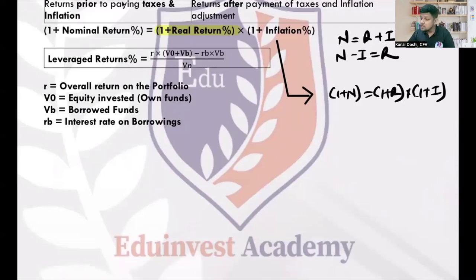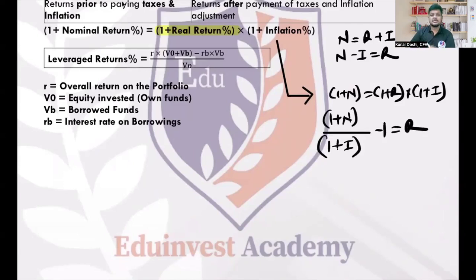Why? Because when it comes into compounding, how do we solve it? 1 plus nominal, divided by 1 plus inflation, minus 1 gives me real returns. So now if you solve 1.1, 10%, divide by 1.02 minus 1, you'll actually get 7.84 percentage, right?